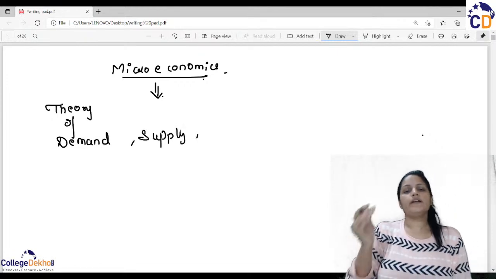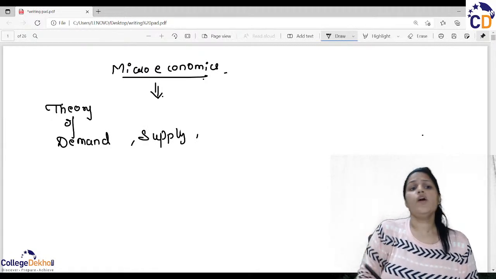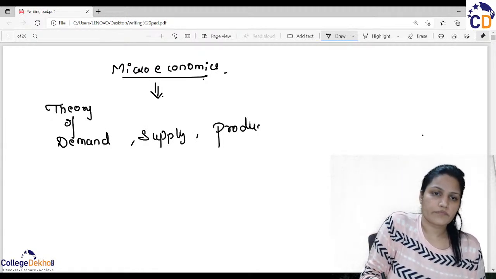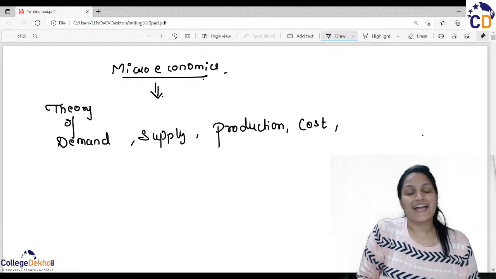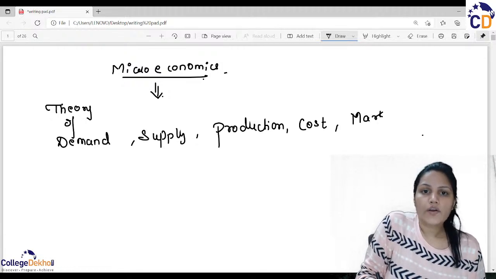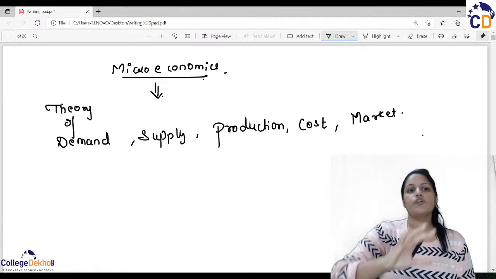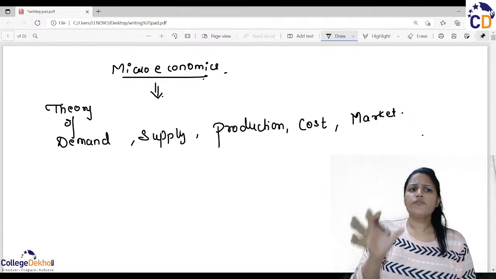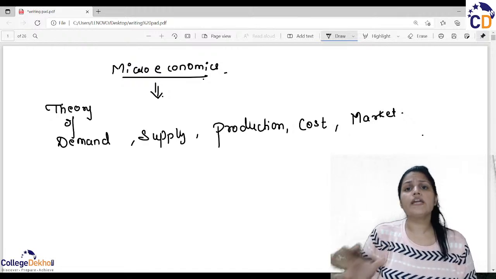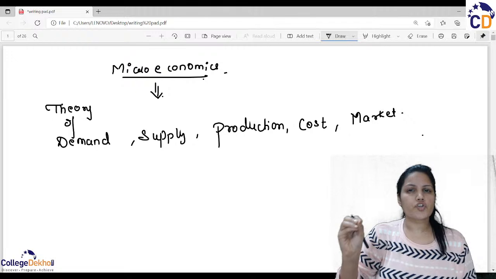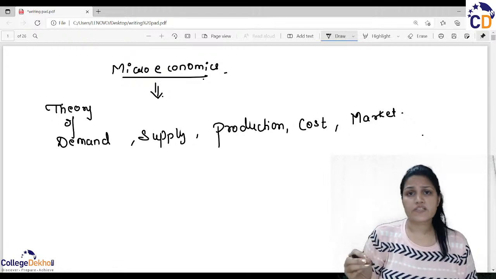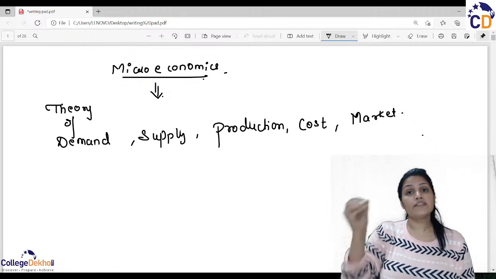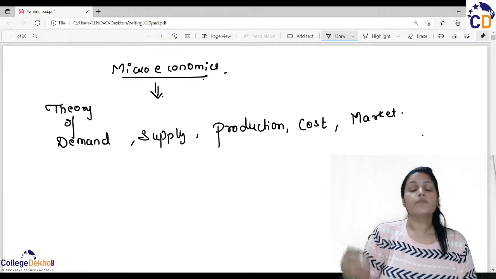When we talk about the theory of demand and supply, automatically production and cost come in, and one more thing, the market, are all under the observation of microeconomics. It covers the expectations of consumers in the market, the expectations of suppliers from the market, and where the market is situated, where the buyer and supplier meet.